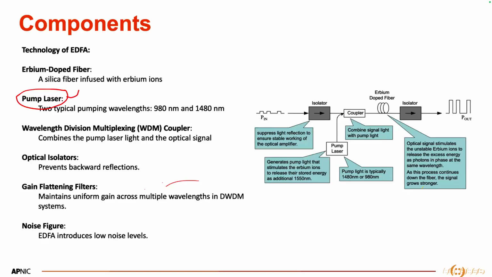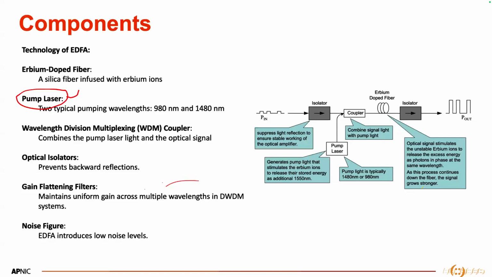Sir, should this laser pump have the same wavelength as that of the signal? No, of course not. If it has the same wavelength, then there will be a collision of wavelengths, right? Because the receiving end is receiving the wavelength in C band.